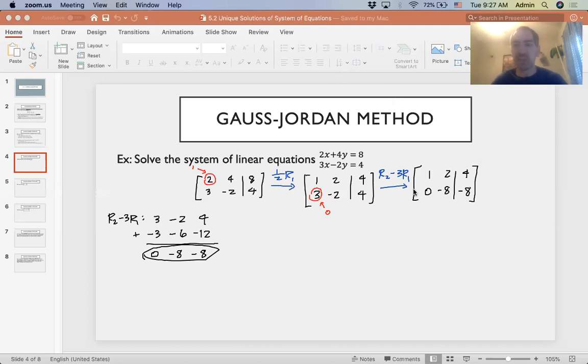And so I start my steps over. I want the second entry in the second row to be 1. I can get that second entry to be 1 by multiplying by the multiplicative inverse or dividing by that number, right? I can say I'm going to divide everything in that second row by -8, which is equivalent to saying multiply by a -1/8.